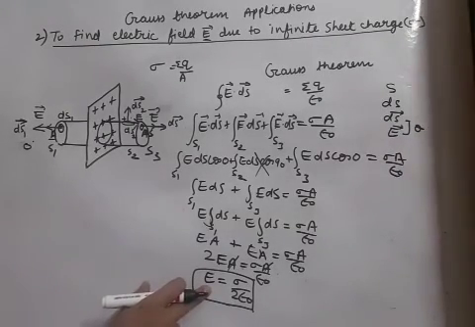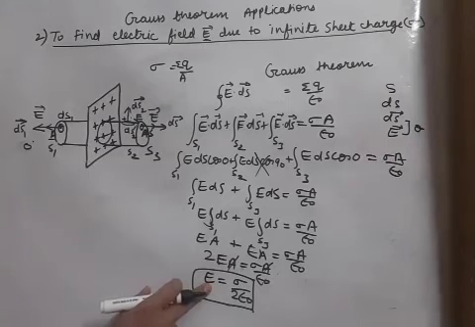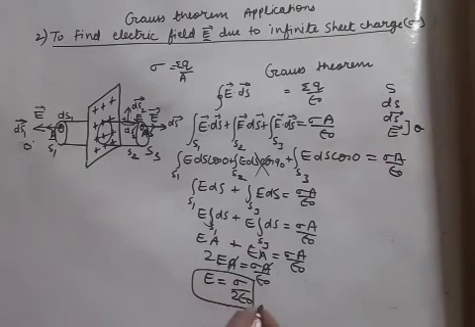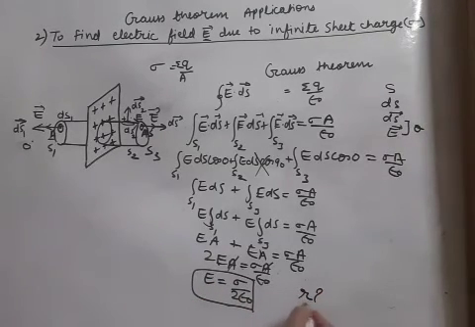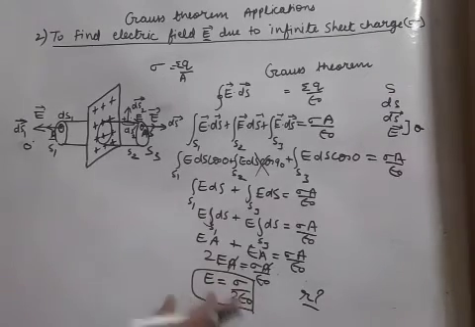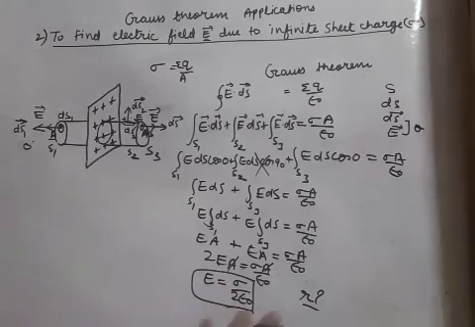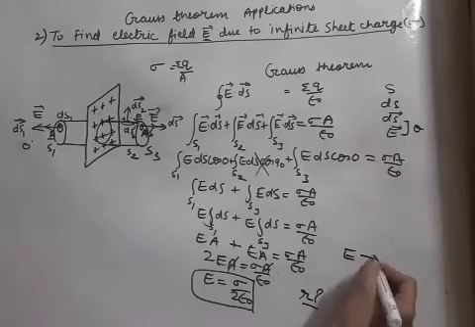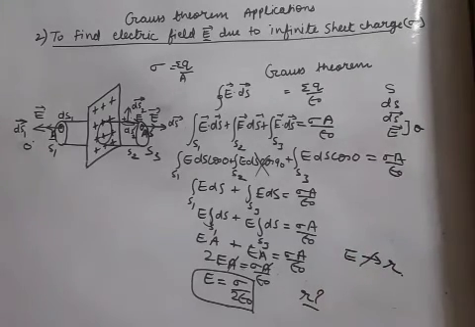One very important conclusion is that here you can see that electric field is not depending upon the distance. Generally we take the distance r. You can see nowhere the distance r is appearing. So electric field does not depend on the distance.